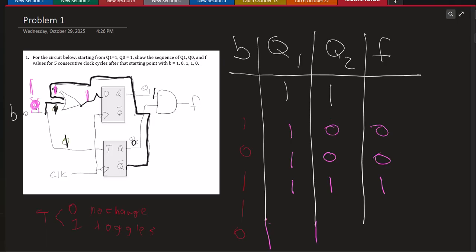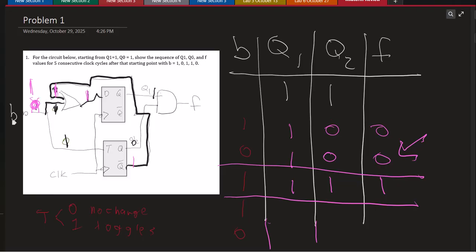Can you explain that again? Yeah, so I'm on this clock cycle right here, and when I start this clock cycle, I had the values from this row. So Q2 was 0, Q naught was 1. So I have a 1 right here when I start this clock cycle.